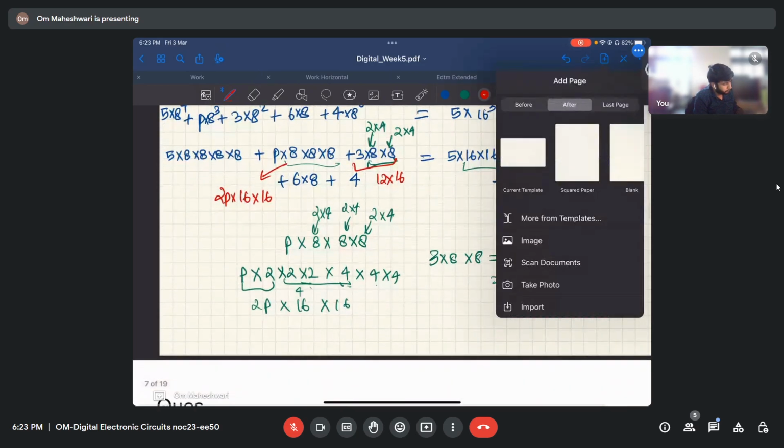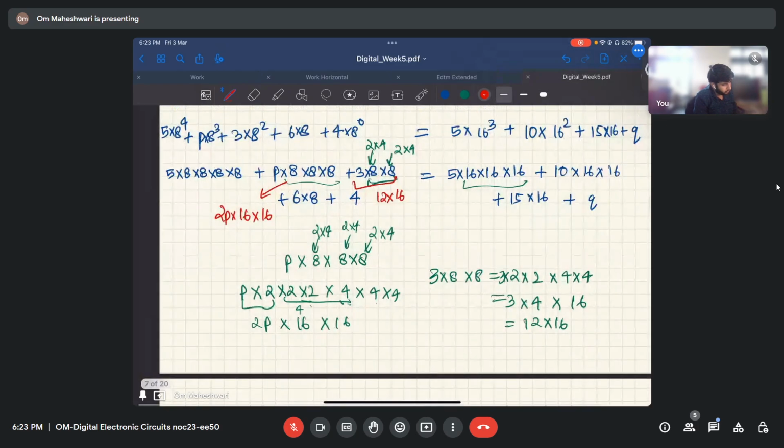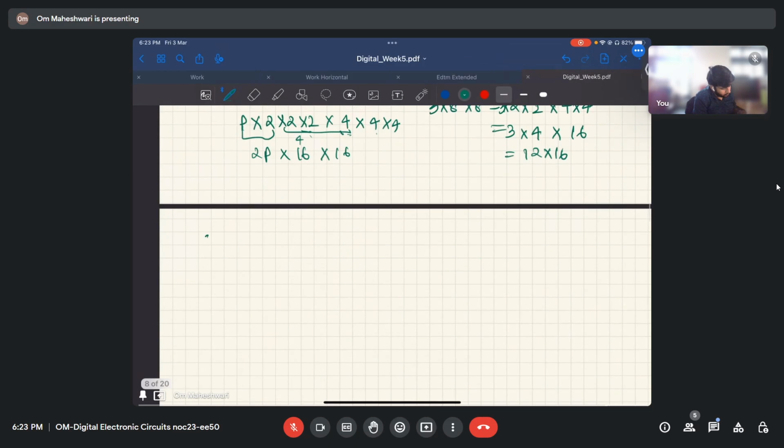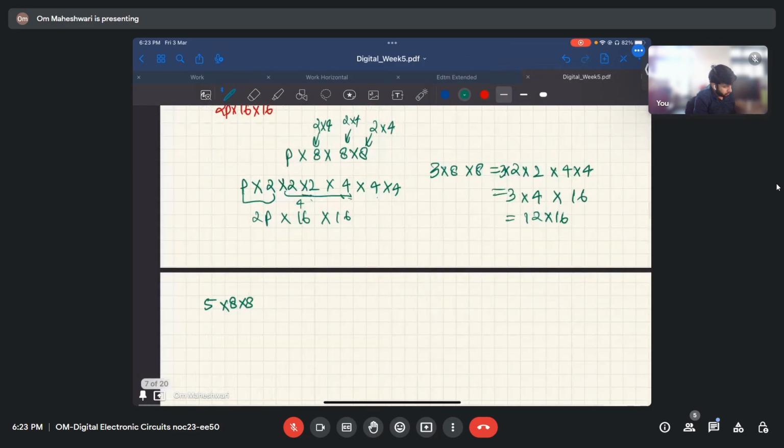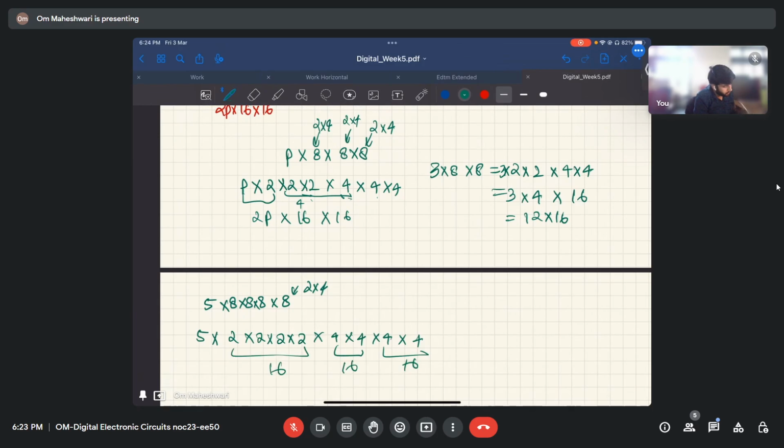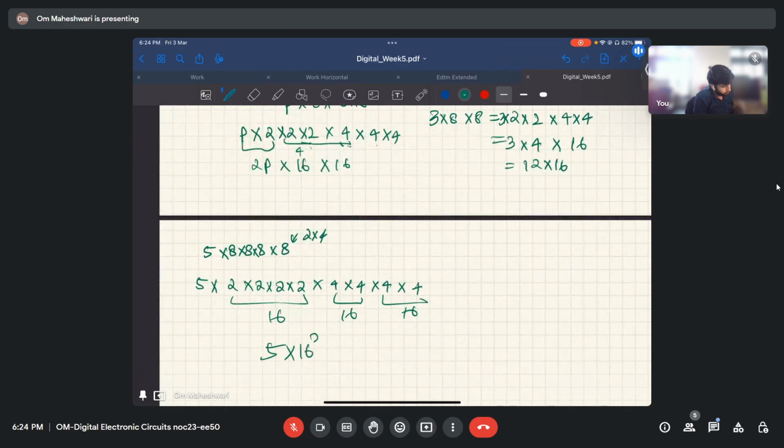We also have this term, 5 into 8 into 8 into 8 into 8. Each is 2 into 4, so we have 5 into 2 into 2 into 2 into 2 into 4, 4, 4, 4, which is 16, 16, 16, 16, so 5 into 16 cube.